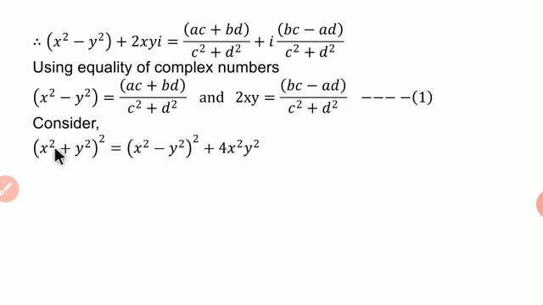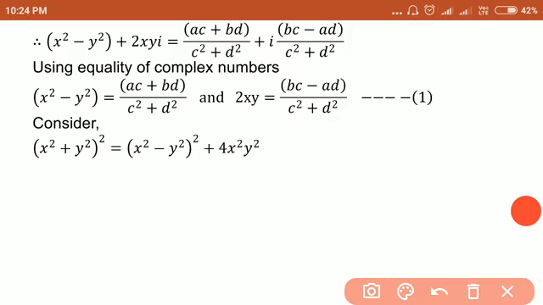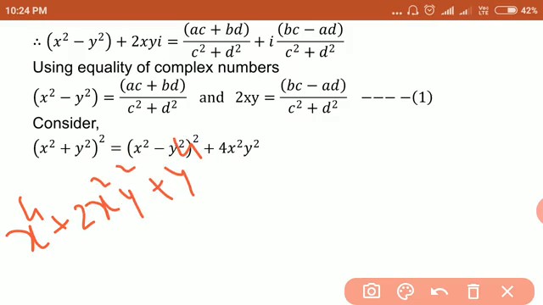Here if we open the square of the LHS, it is x raised to 4 plus 2x square y square plus y raised to 4. Now to convert it to the known value x square minus y square, we adjust here the square of x square minus y square.